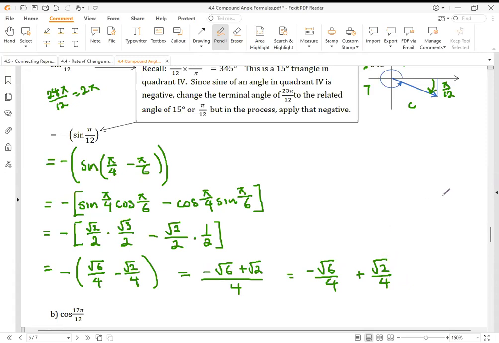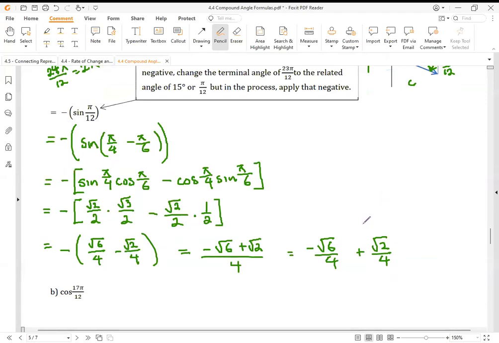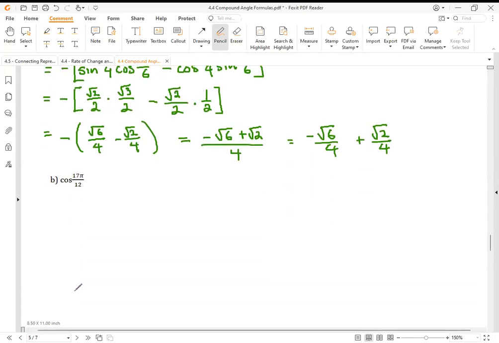So that's essentially it. As practice, I'm not going to go through it, but we'll try CAST rule just as another exercise. Cosine 17 pi over 12. It's really important that you can identify which quadrant that is. 17 pi over 12. Remember, if the denominator is a 12, well, 1 pi, in this case, would be 12 pi over 12, which means 3/4 would be 18 pi over 12. 12 pi, 18 pi, 17 is going to be between the two.